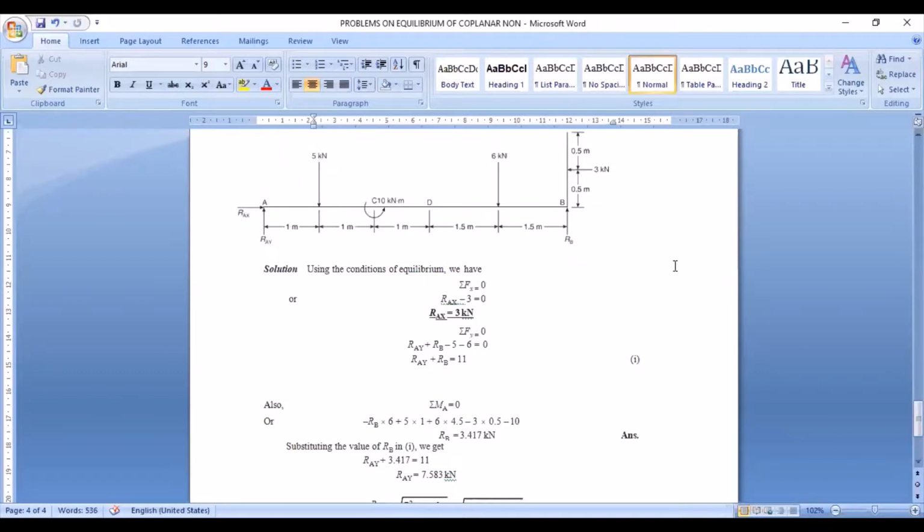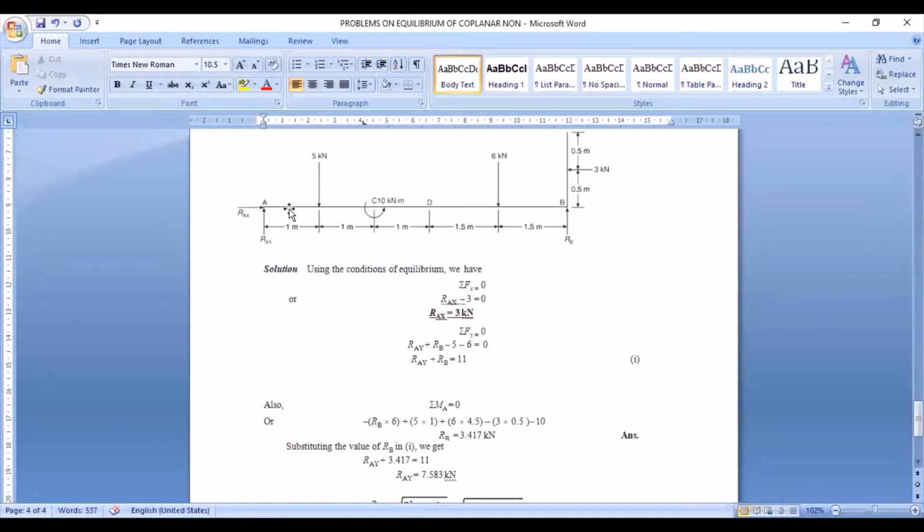So in total there are 7 forces. Amongst 7, how many pass through point A? There are only 2 forces which pass through point A. So therefore I should have 5 components in moment. Now let us apply the moment with A as the moment center.